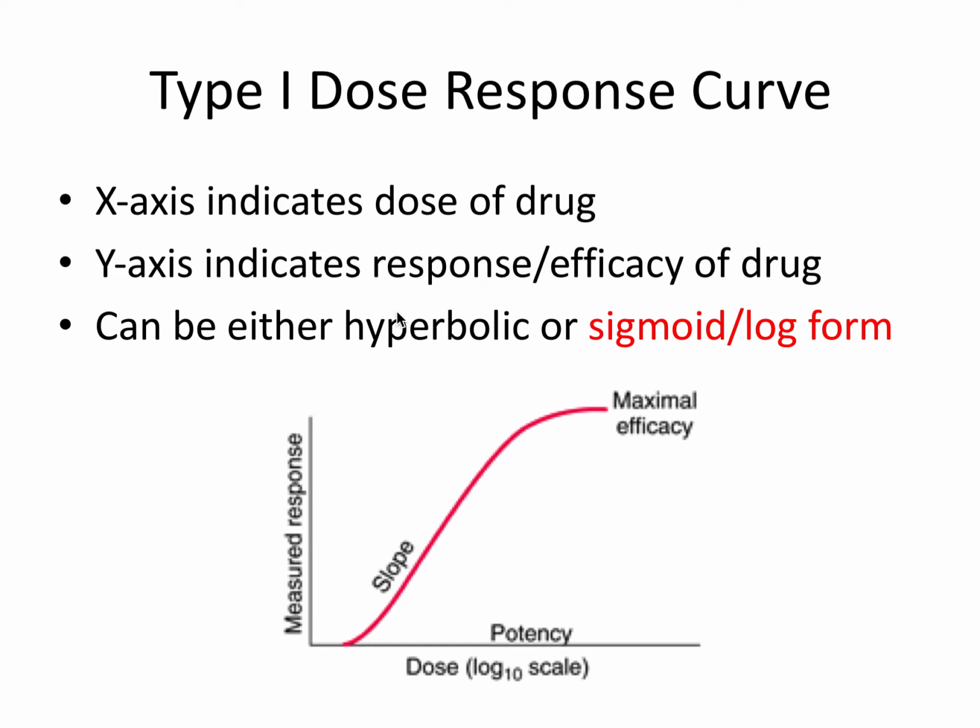And it can be either hyperbolic or sigmoid log form like we see here. And that's typically how it's represented. The sigmoidal S-curve is what we see here, and it's a log form because the x-axis is laid out in a log scale, a logarithmic scale.